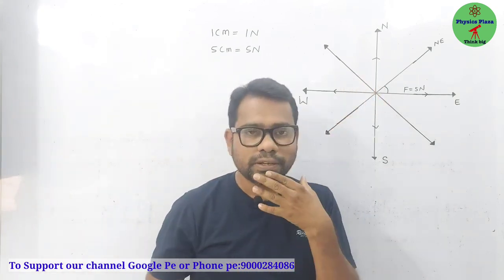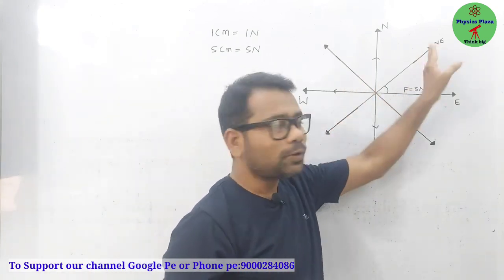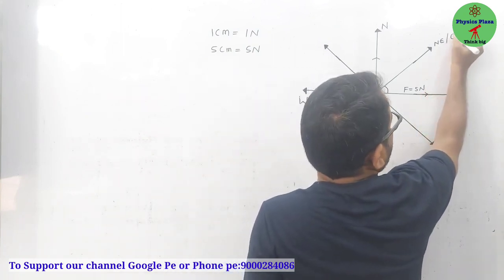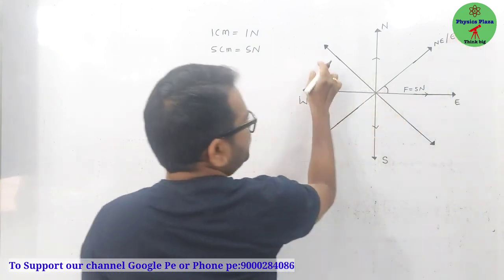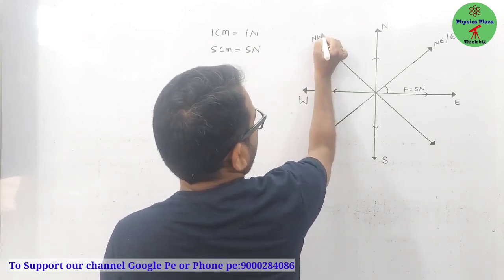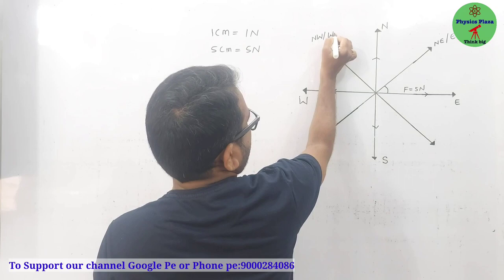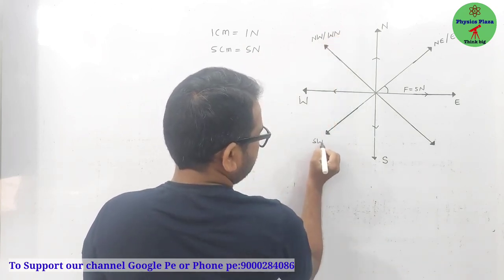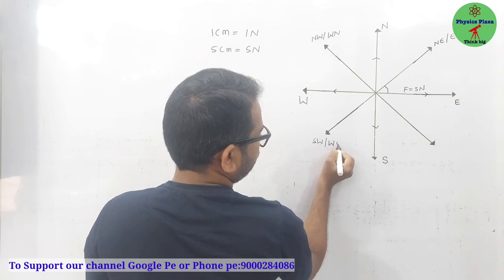But here the doubt is: should we call it northeast or east north? First, let us write it can be northeast or east north. This can be northwest or west north. This will be southwest or west south.